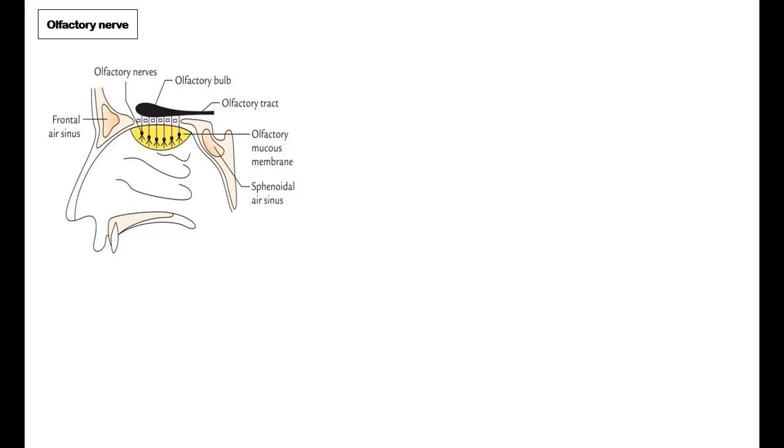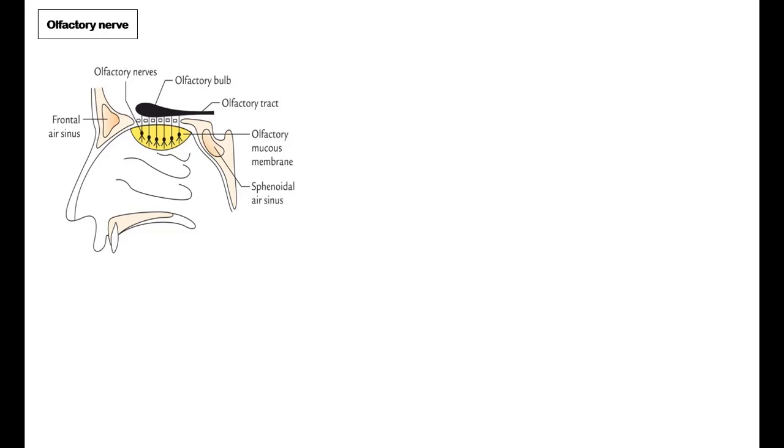The primary sensory neurons of the olfactory nerve lie in the epithelial lining of the nasal cavity, and their dendrites lie free in the mucous film. The functional component for the olfactory nerve is special somatic afferent fibers. They carry special sensation of smell from the olfactory region of the nasal cavity and terminate in the olfactory bulb.